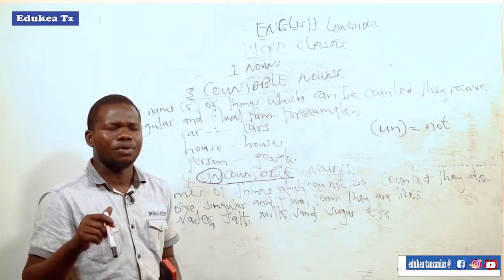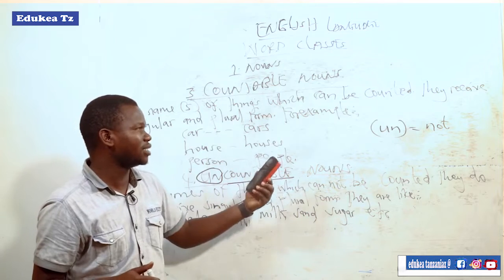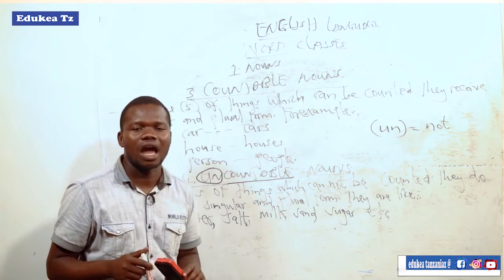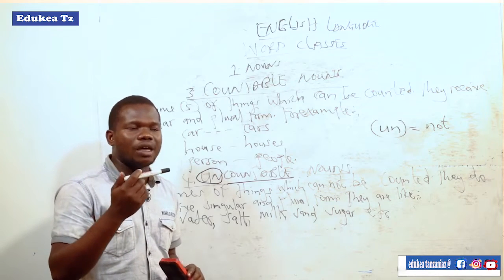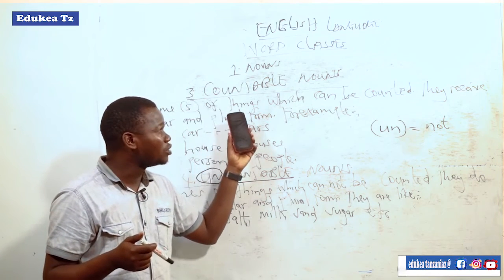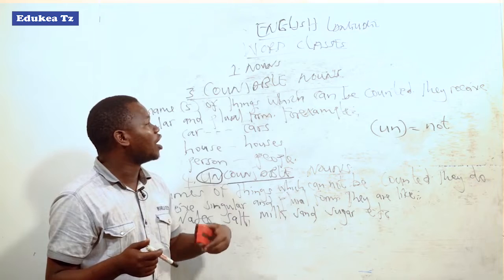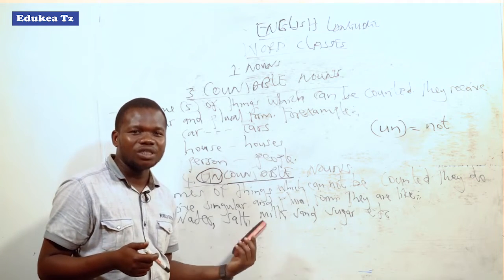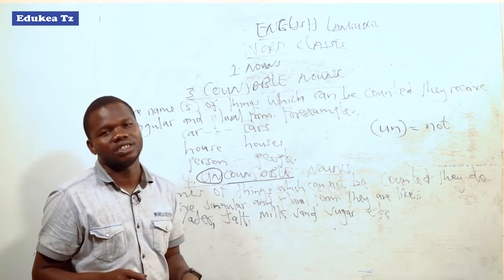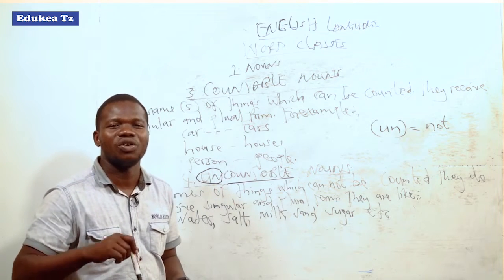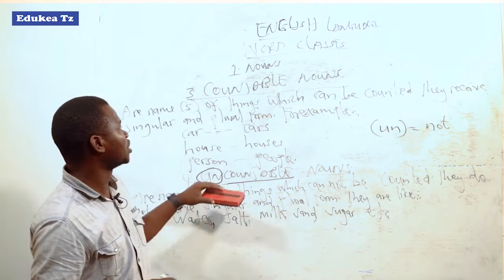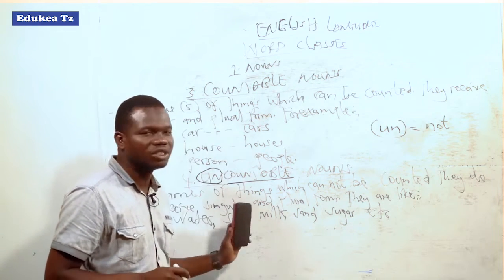Again, another difference is that countable nouns receive a plural form, while the uncountable nouns do not. They don't have a plural form. So these are two types of nouns, which are countable nouns and uncountable nouns.